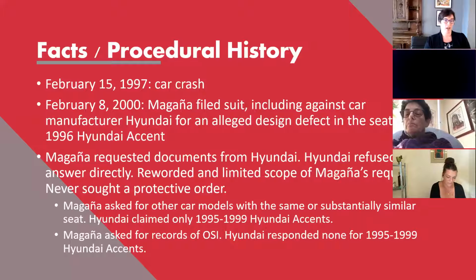And even though Magana asked for information on other car models with the same or substantially similar seat that his car model had, and Hyundai claimed to turn that over, and Magana asked for records of OSI, which are other similar incidents, Hyundai responded that there were none.